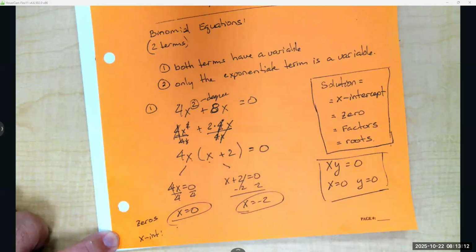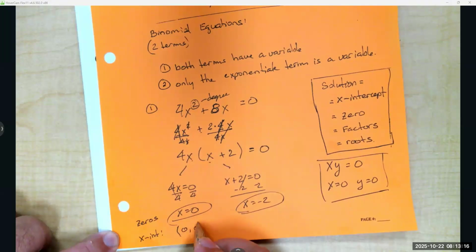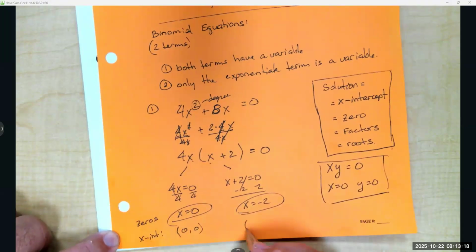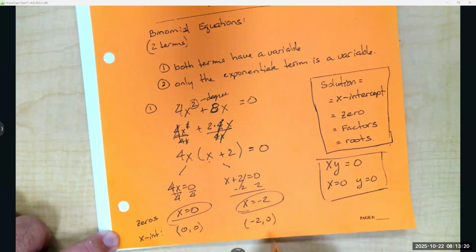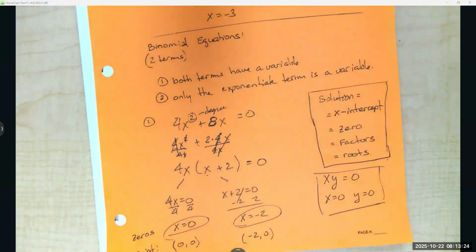It's a point. So the x value is 0, y is going to be 0. When x is -2, y is going to be 0. So that's how you represent the x-intercept. All right, so that's if you have two terms and they both have variables.